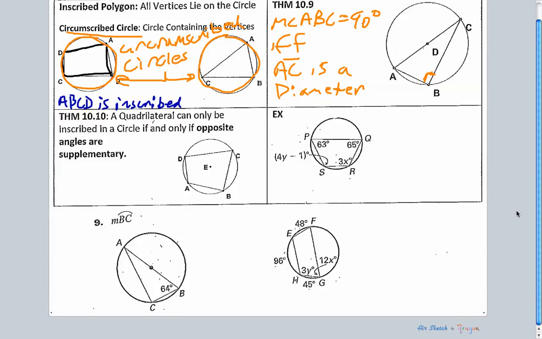A quadrilateral can be inscribed in a circle if and only if its opposite angles are supplementary. So we're knocking down these theorems as fast as I can here.